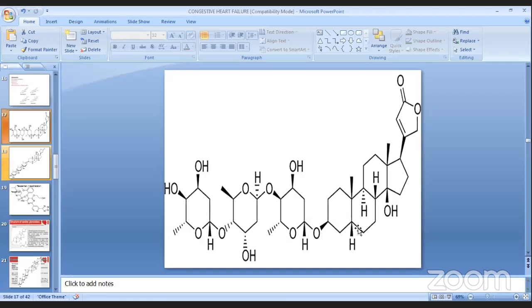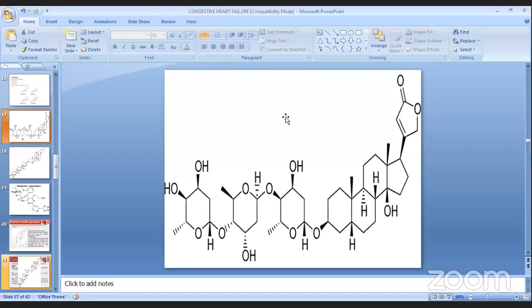At the 3 position it is attached with three sugar molecules. And there are A, B, C, D, four rings. A and B rings are in trans position, and C and D are in cis position. At the 17 beta position, one lactone ring is there.